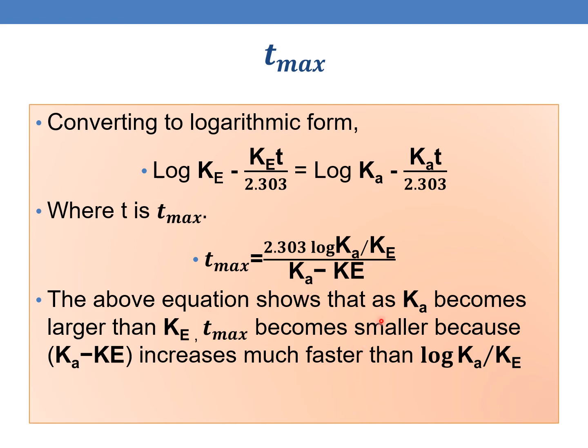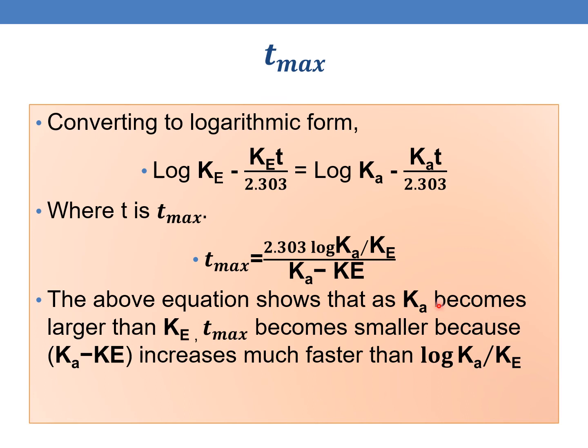The above equation shows that when Ka becomes larger than Ke, Tmax becomes smaller, because Ka minus Ke increases much faster than log Ka by Ke.